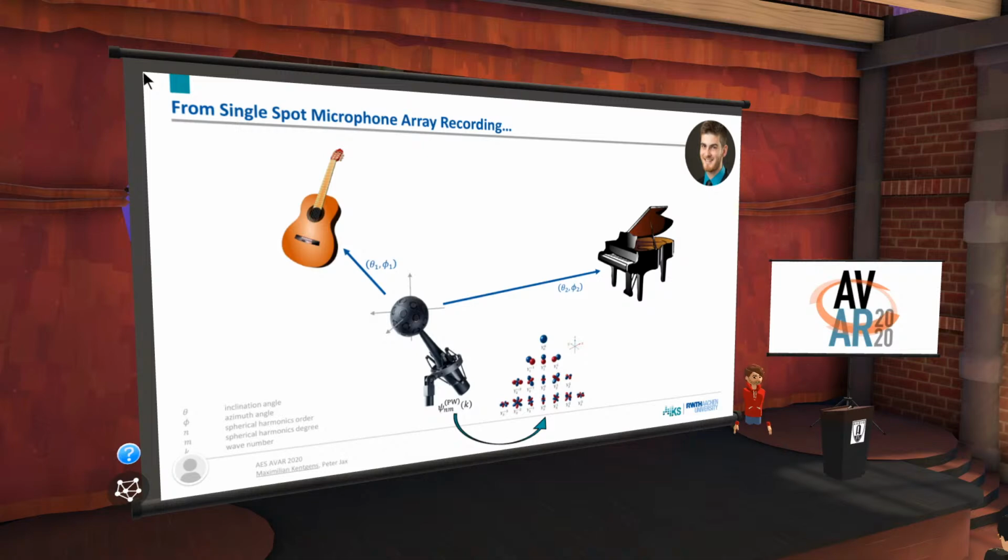A spherical microphone array, the one shown here on the slide, allows us to record spatial audio, and we can also capture information on the direction of incidence, which we denote with inclination angle theta and azimuth angle phi. We encode the directional information in terms of higher order ambisonics coefficients, which we denote as psi_nm. So what was A in the previous talk is now psi_nm.